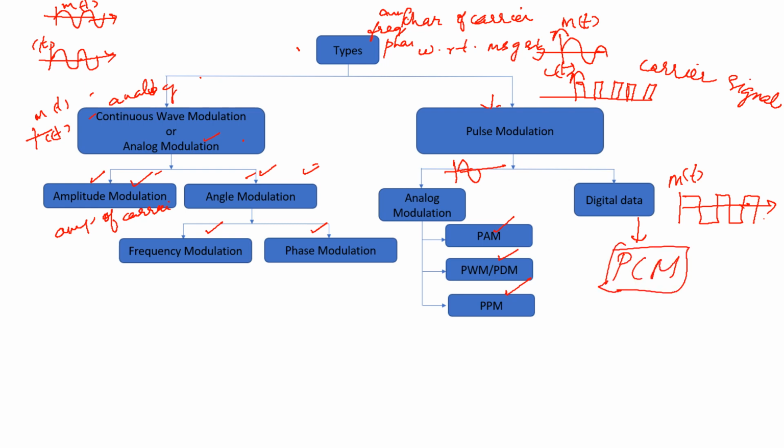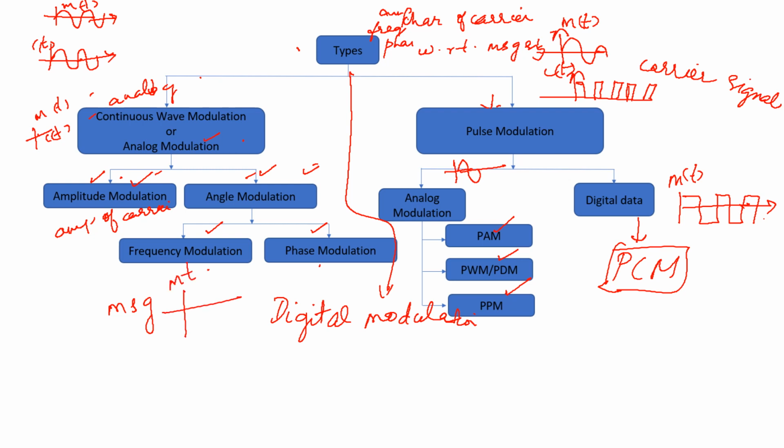Similarly, if your message signal is analog, you have three classifications: amplitude modulation, frequency modulation, and phase modulation. You can also add another classification called digital modulation. The difference is that here your message signal m of t is digital in nature.